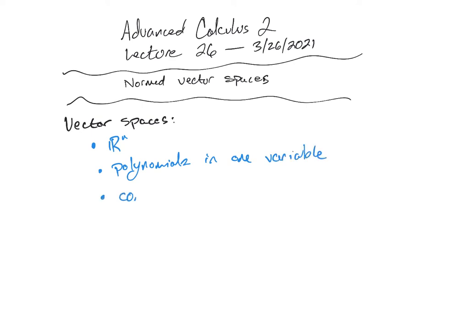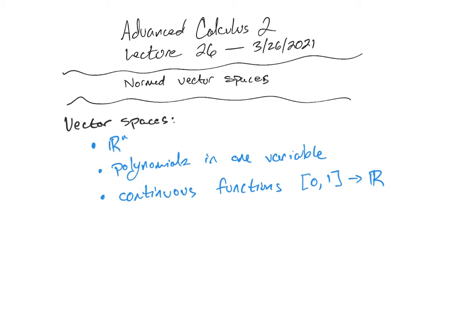Or, we can make a bunch of them. Let's say continuous functions that map from the closed interval 0, 1 to the reals. That's three different ones to keep in mind throughout today's lecture. Again, we're being a little more general than Rn. You can check that those are vector spaces.